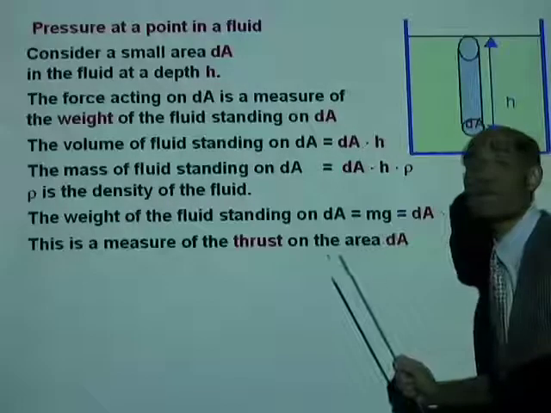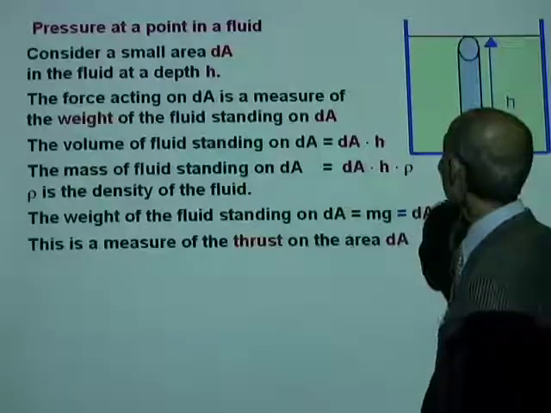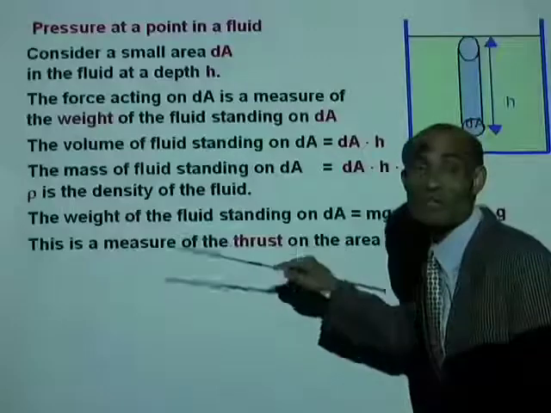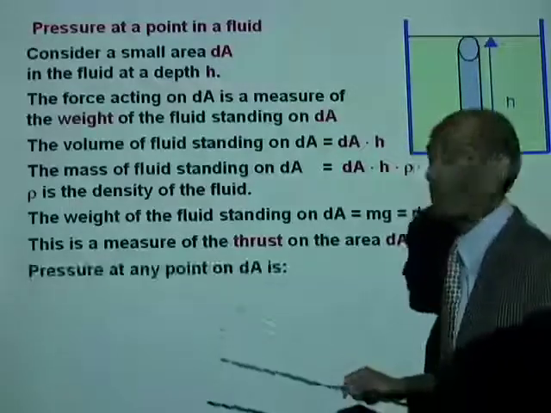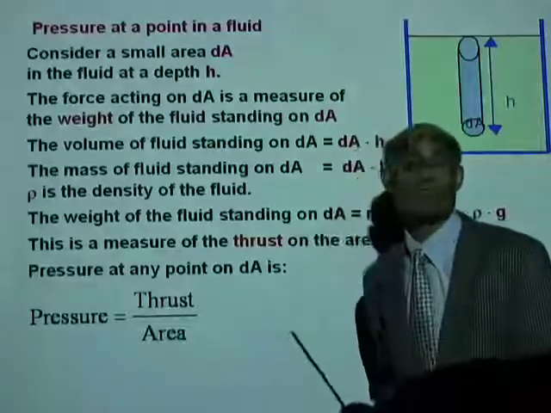So how do we find the pressure on the area? Pressure is the total thrust divided by the area.